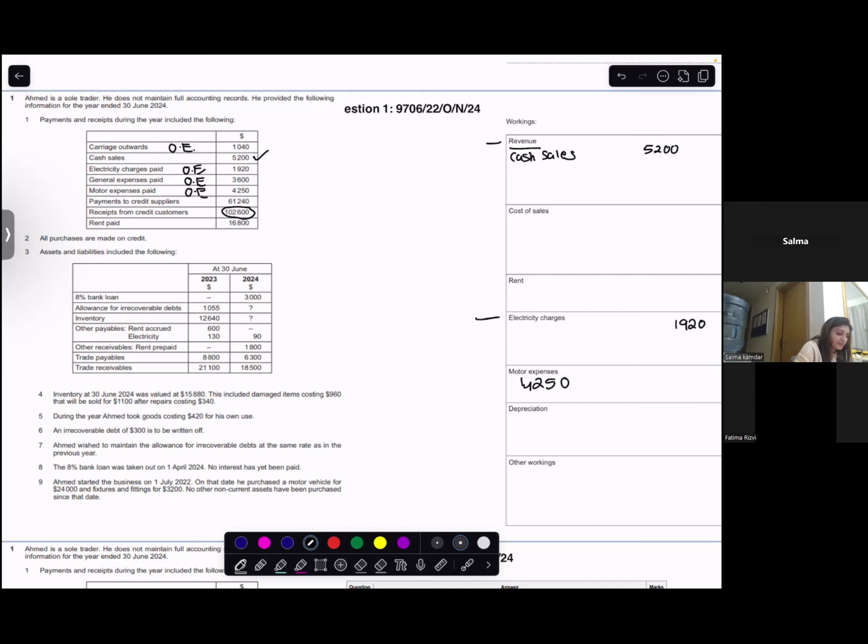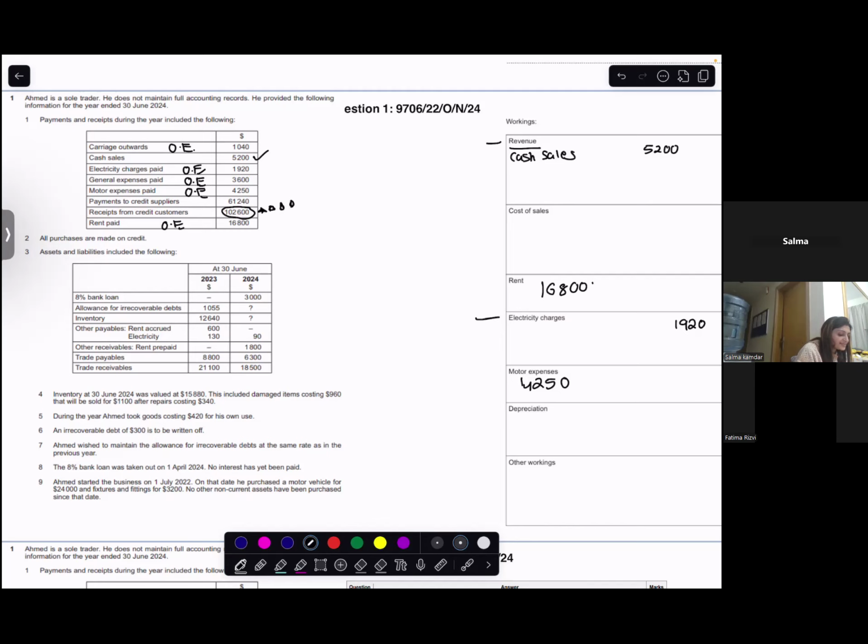Okay, so just keep this in mind. This might help us to find the credit sales. Okay, rent paid, other expenses, and because I've been given a place to do the workings, I'm going to put it over here. I hope you're with me.